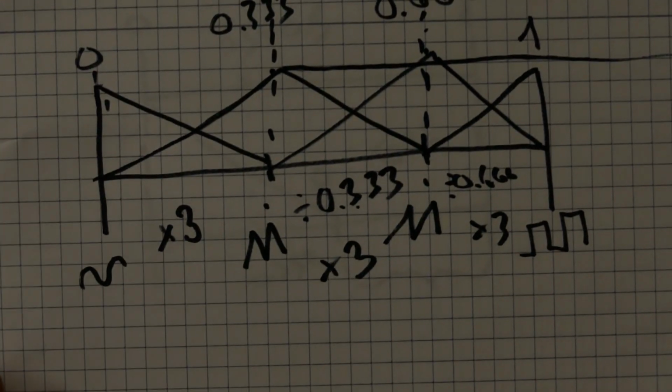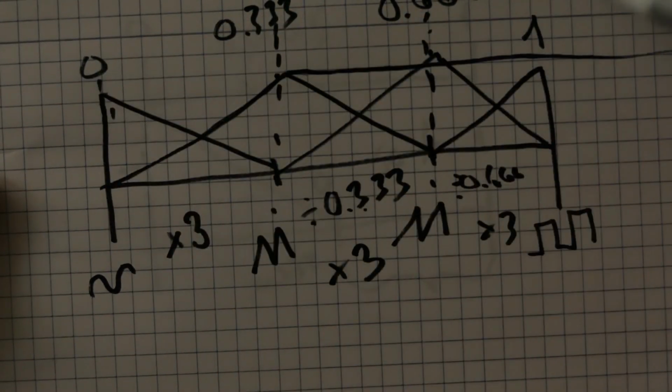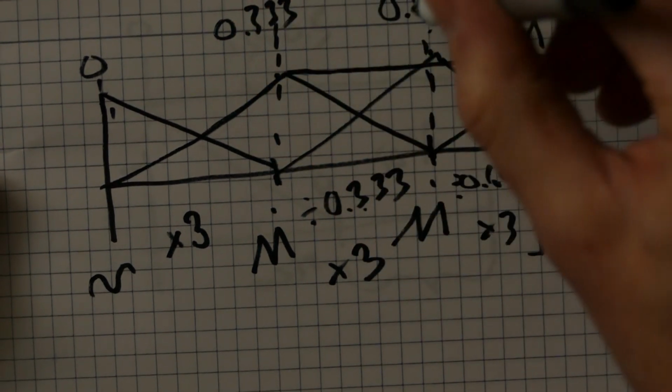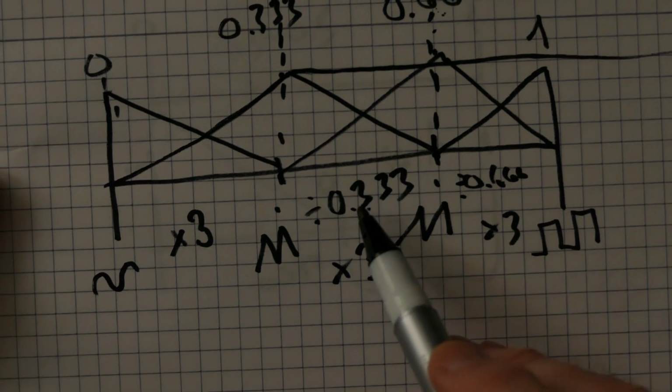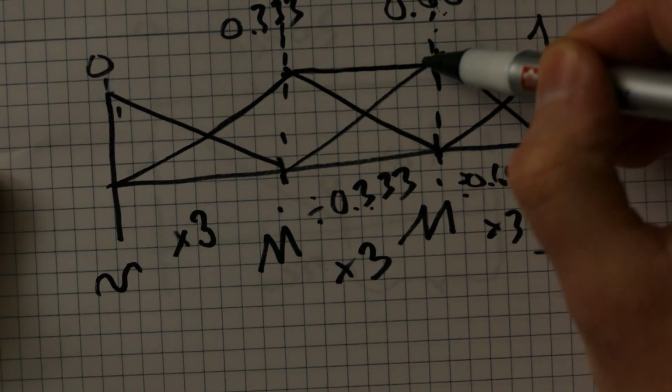So now the second value module, when the initial controller is in the range 0.333 to 0.666, will be in this range here.